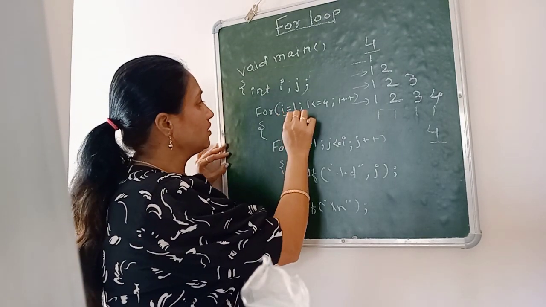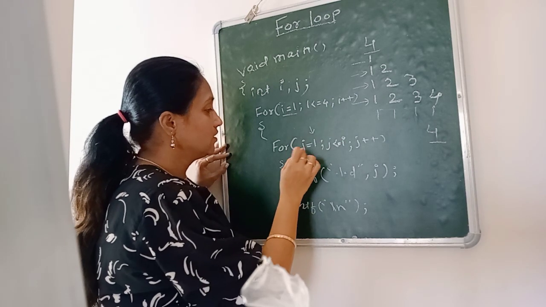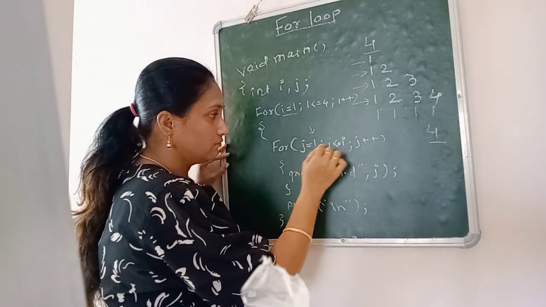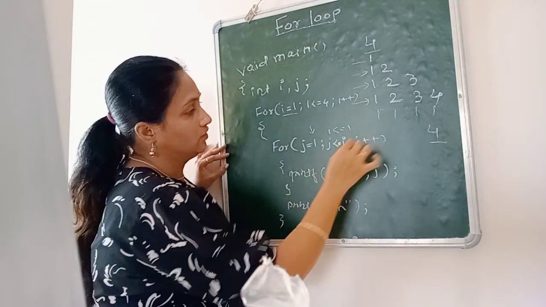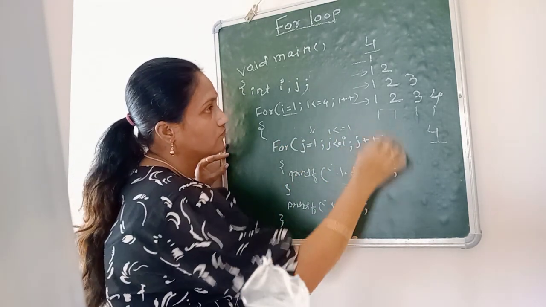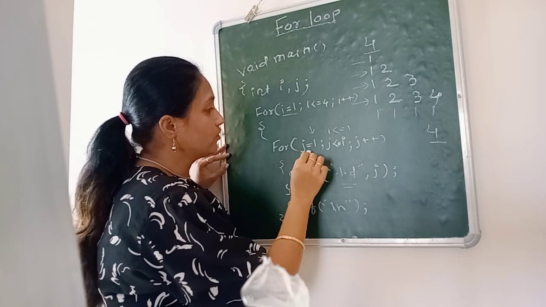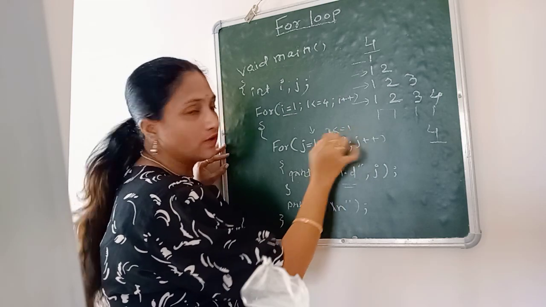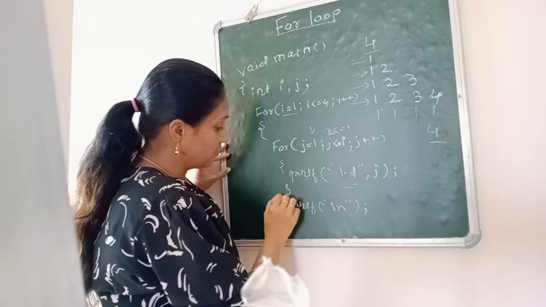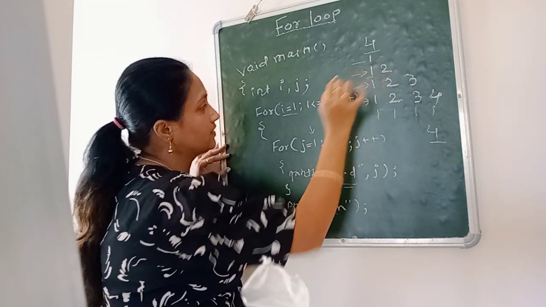For the first iteration, i's value 1, condition true, it comes inside. j is 1, 1 less than or equal to 1, condition true. Then it displays 1. Again for the next iteration, 2 less than or equal to 1, condition false. The control comes here, it prints \n, so the cursor comes to the next line.